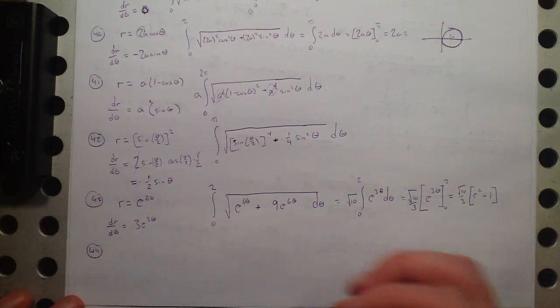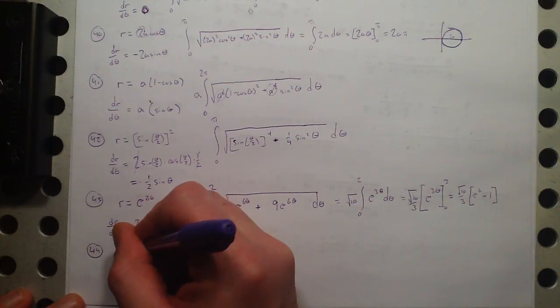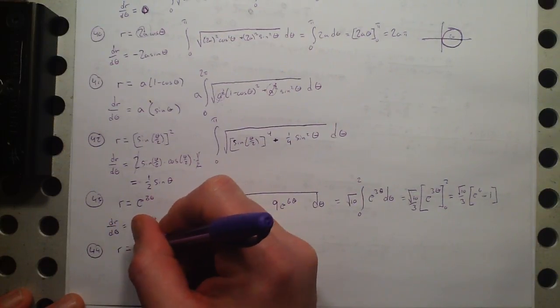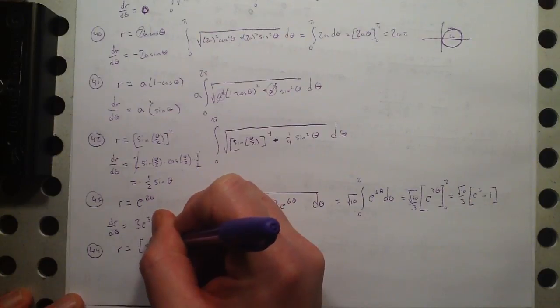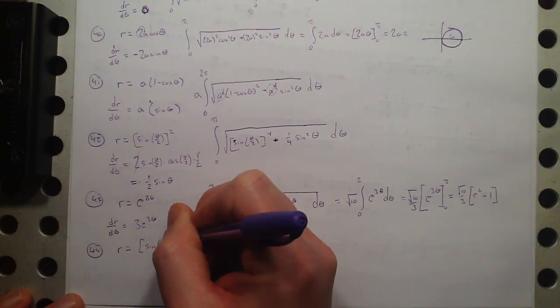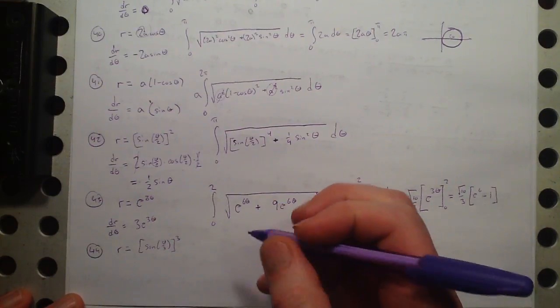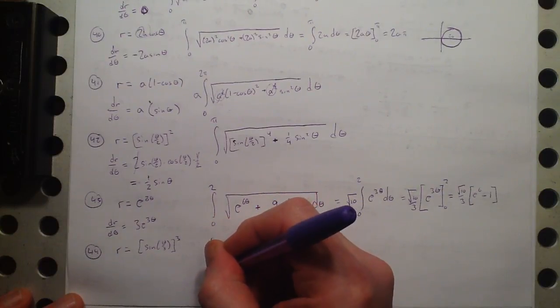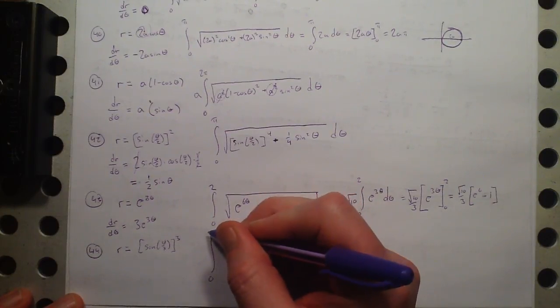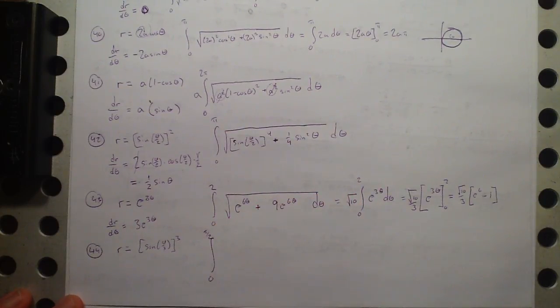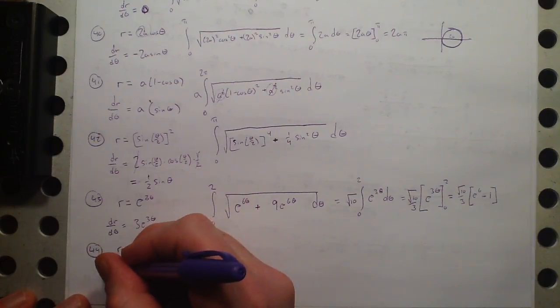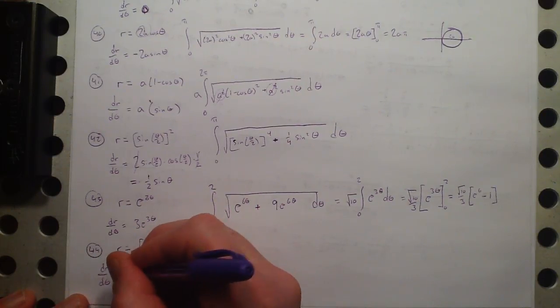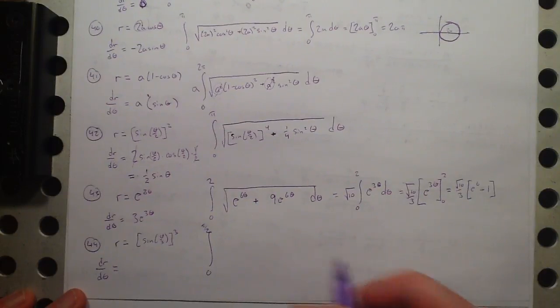Number 44, last one, r equals the sine of theta over 3 cubed, and we're going to go from 0 to pi over 2. So dr d theta, got a couple levels of chain rule here.